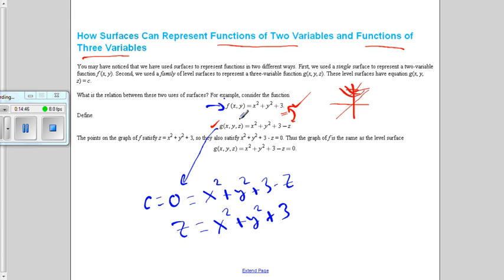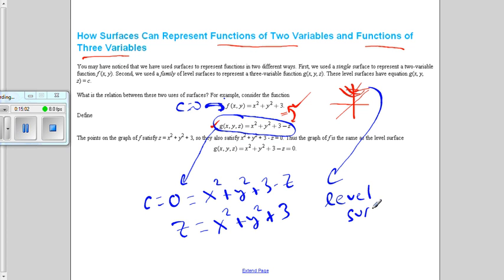So the connection between these two is that the top is the level surface when c equals 0. So this shape here is our level surface. So everything on that surface, anything that's on that 3D parabola, our g value, which is in terms of x, y, and z, would be 0.